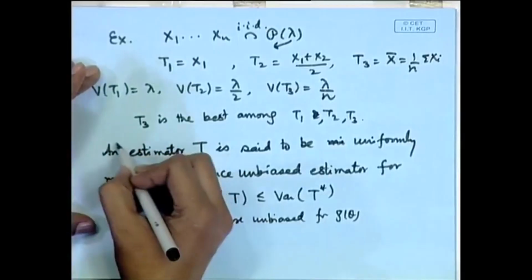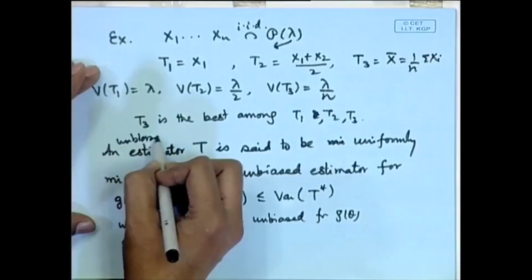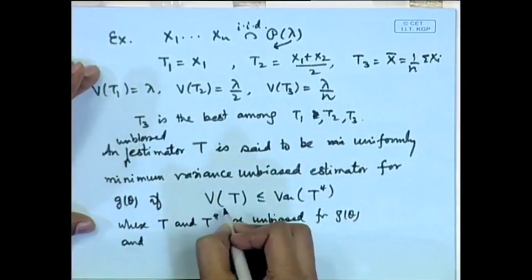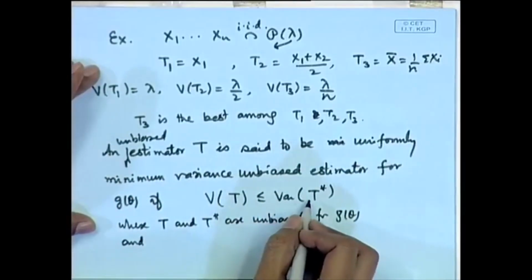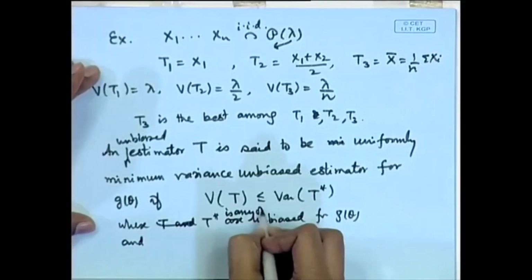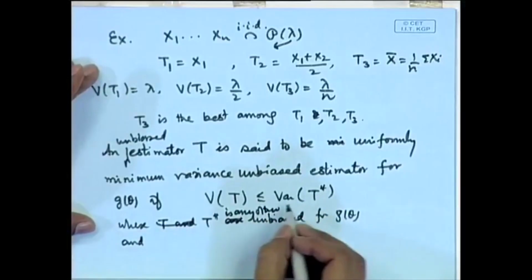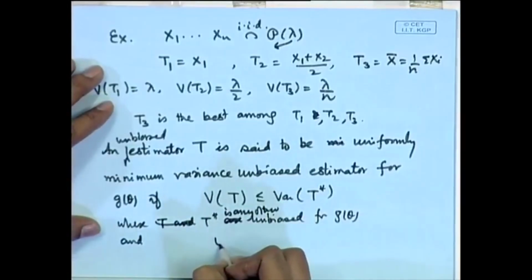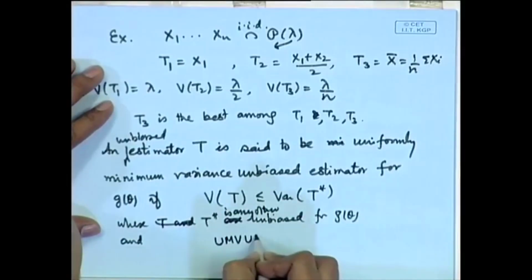So, an unbiased estimator T is said to be a uniformly minimum variance unbiased estimator for g(theta) if the variance of T is less than or equal to the variance of T star, where T star is any other unbiased estimator. If the variance is smaller for T than for any other estimator, then definitely it has the smallest. We use the terminology UMVUE.